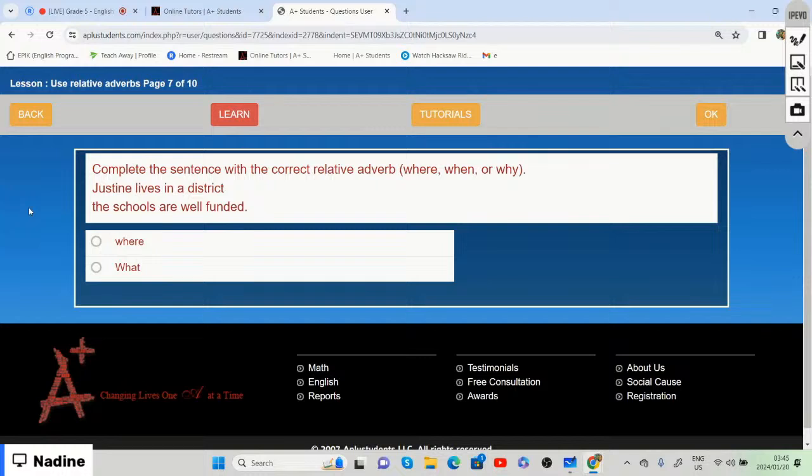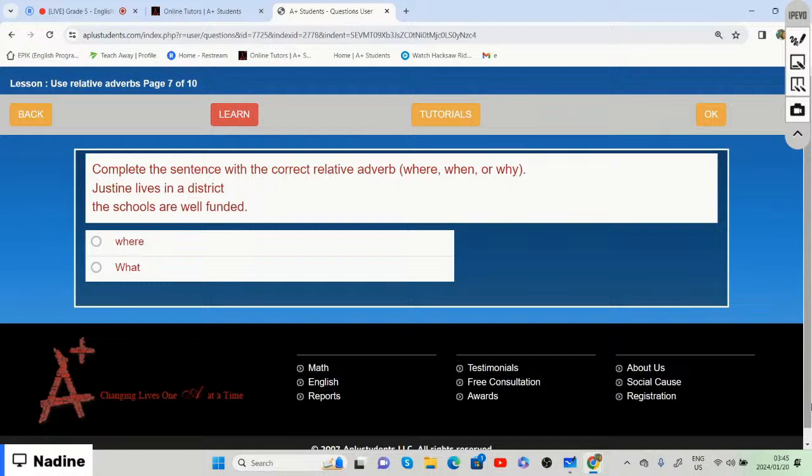Do we say she lives in a district where the schools are well funded, or when the schools are, what the schools are funded? Where or what? Only where or what?